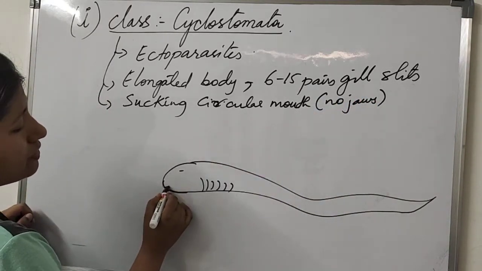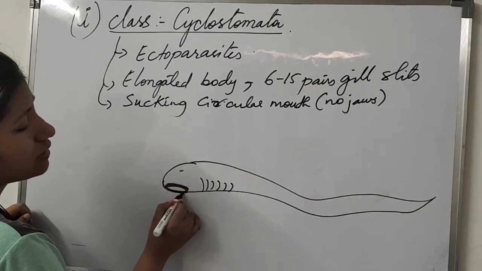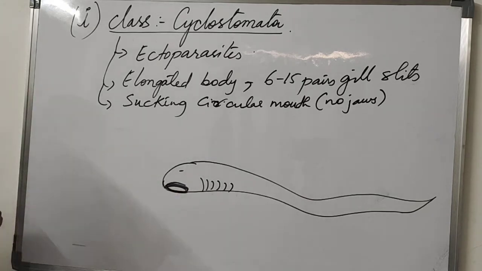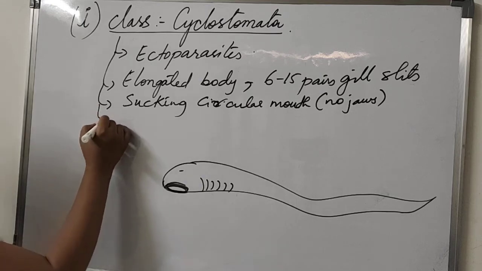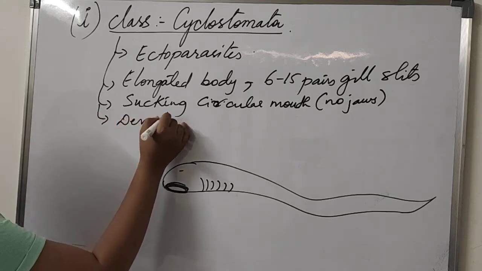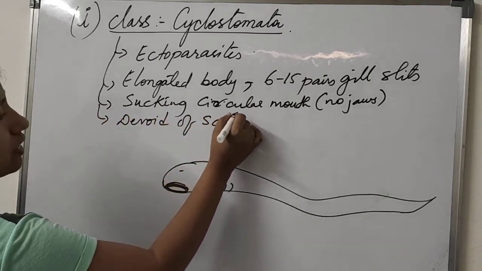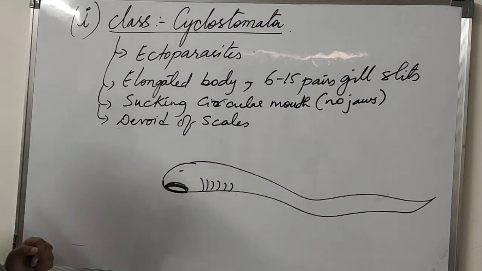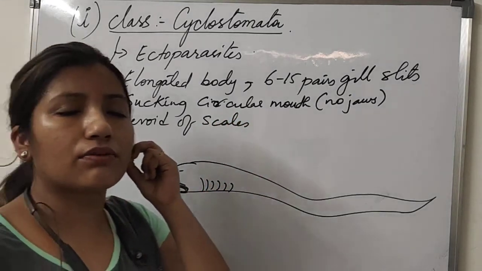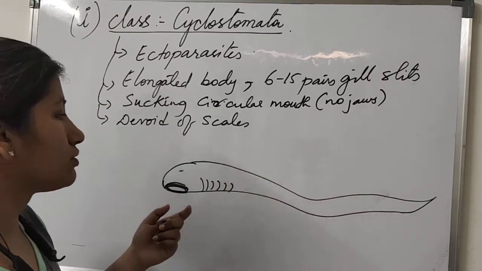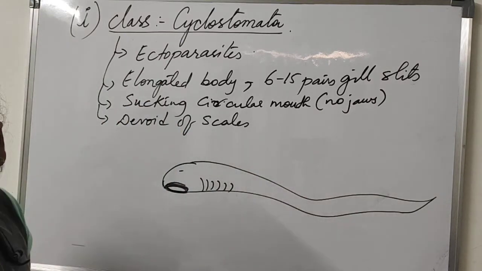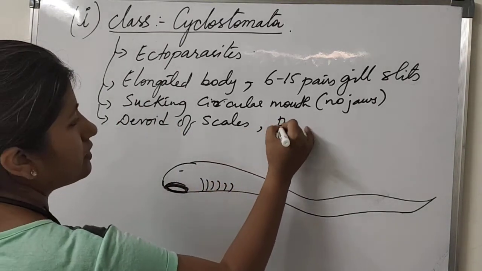Okay, so they have a sucking circular mouth here with no jaws, and their skin doesn't have any scales, devoid of scales. So they are aquatic. Most of the aquatic animals have scales, whereas these Cyclostomata don't have scales and they have paired fins.